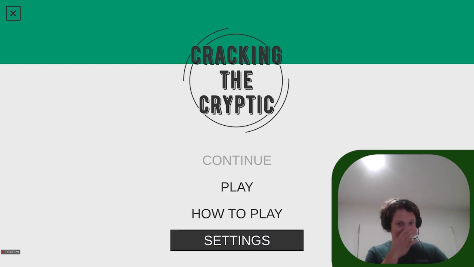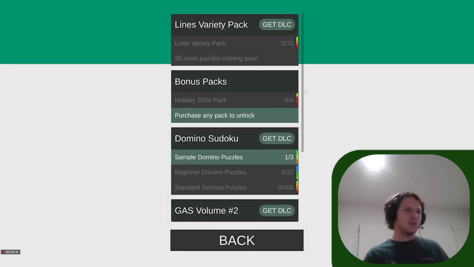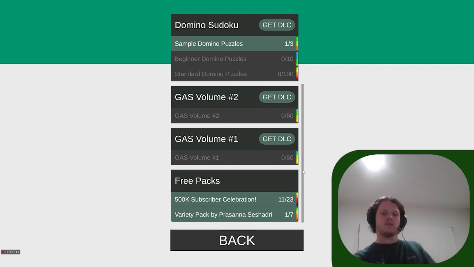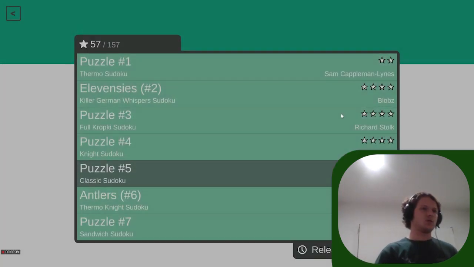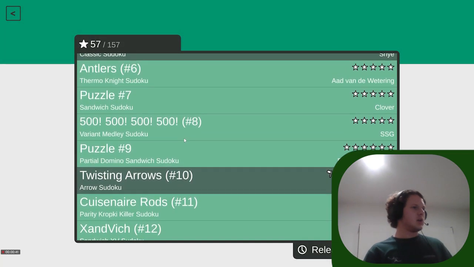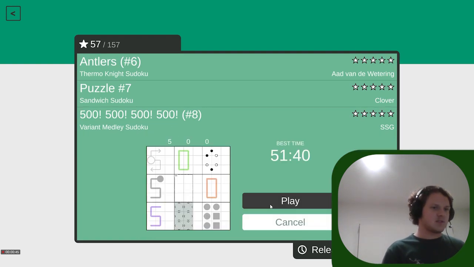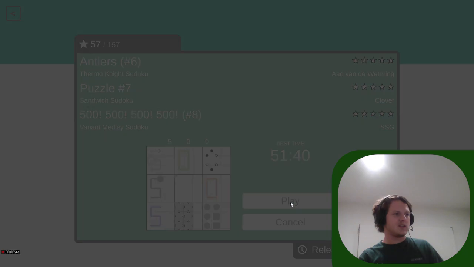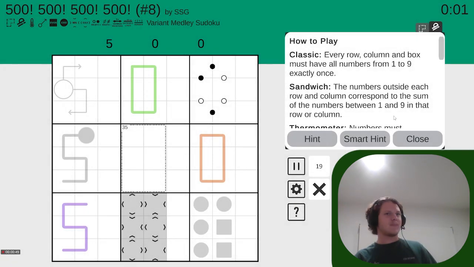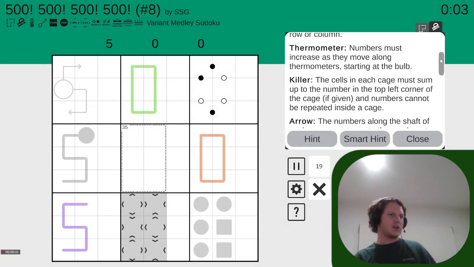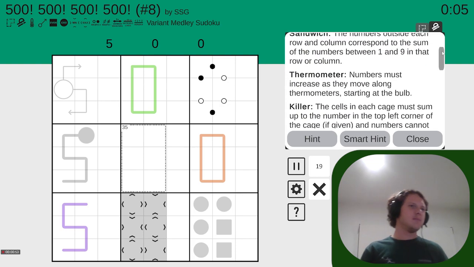Yeah, I'm going to get back into this. I believe we're up to, let me check, puzzle number 8, which is 500, 500, 500, which looks very interesting from what I just had a brief skim.